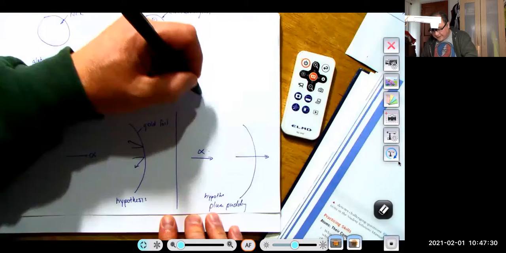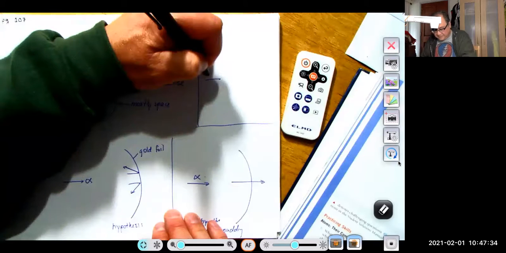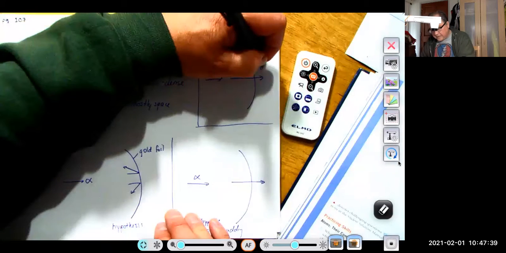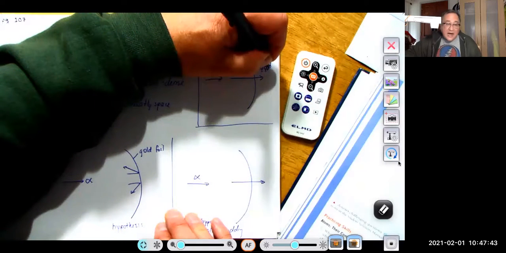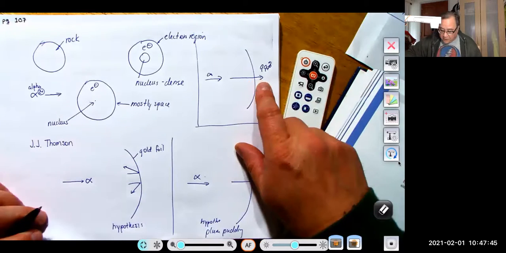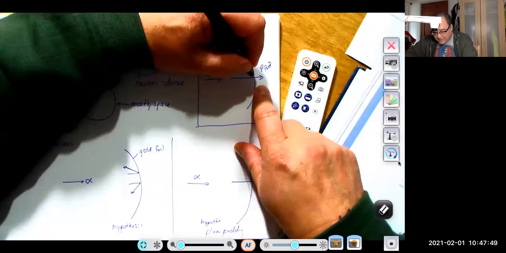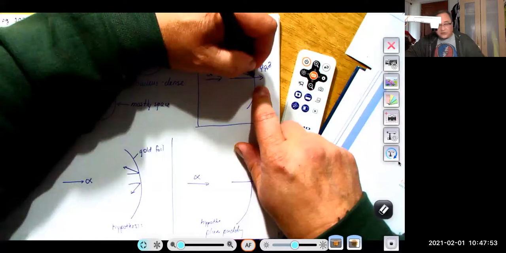Now the reality is this. 99% of the particles went right through. Some of them bounced back, and some of them bounced off at angles.